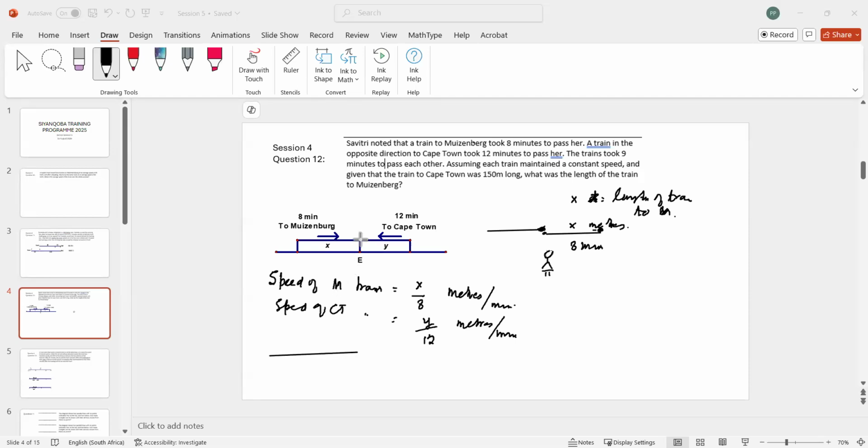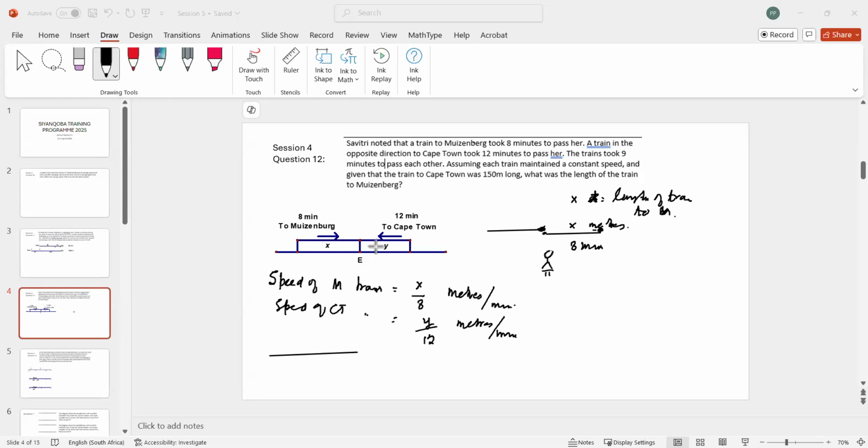To pass each other, let's start when the trains just meet. When they meet, after that, the one goes this way, the other goes this way. So we need to know the distance between the front of the Cape Town train and the back of the Muizenberg train.